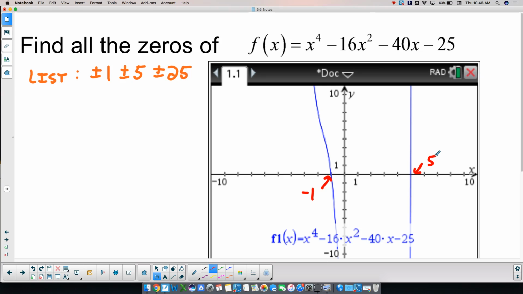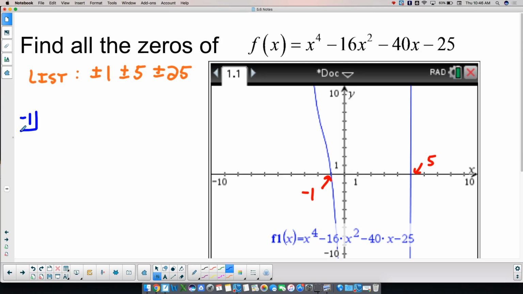Okay? So let's do the negative 1 first. Now, if you did the 5 first, your numbers are going to be a little different in this first line, but they will be the same in the second one after I do the 5. It doesn't matter which order you do them in.